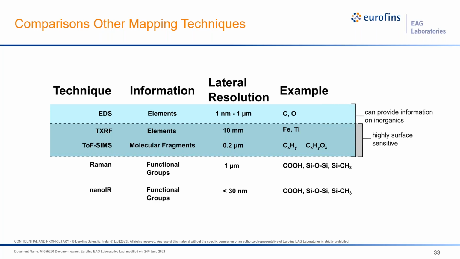So an example is if you're doing, say, EDS or EELS on a sample and you see that it is carbon and oxygen rich, that doesn't really tell you much more aside from the fact that you might have some type of polymeric material on your sample. But what nanoIR can do, because it's tied back to vibrational spectroscopy, is tell you that you have, say, an ester or a cellulose type of material. So it really helps you narrow down specific compounds that could be on your sample.